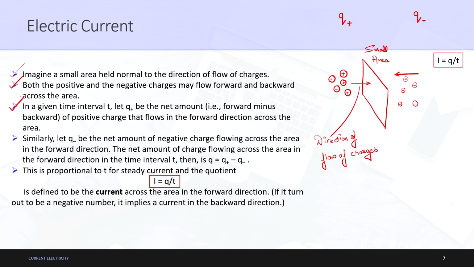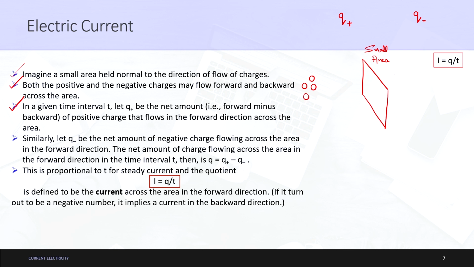To explain this whole concept, let me just change something. Let us suppose these were a bunch of charges. Let us suppose some of these are positively charged and some of these were negatively charged.